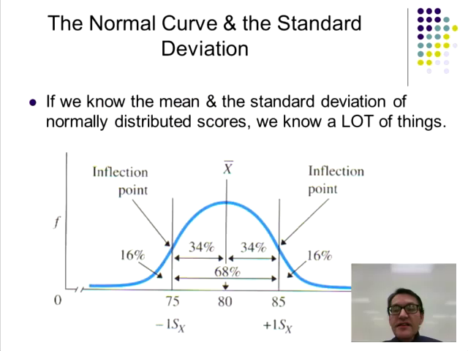So going back to this image, which had a mean of 80 and a standard deviation of 5, we put these 3 critical points of -1, 0, and +1. Well, guess what? +2 would correspond to a raw score of 2 standard deviations above the mean, 90. And a z-score of -2 would equal 2 standard deviations below the mean, or 70.